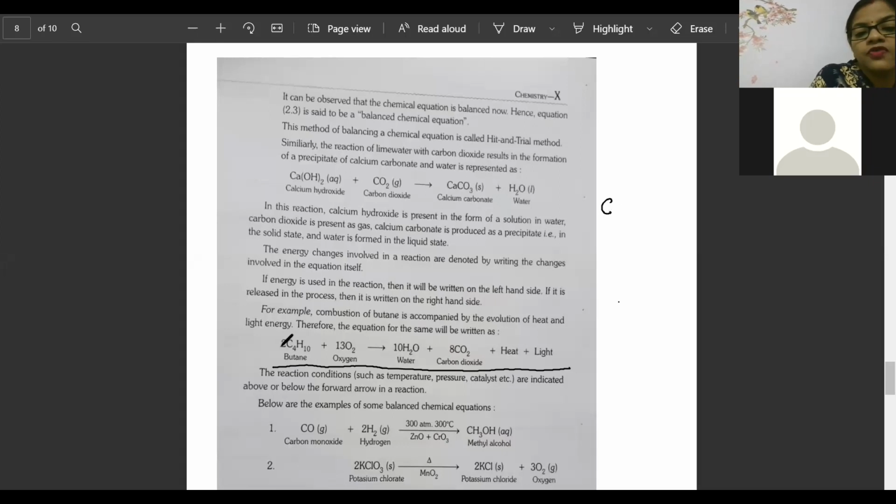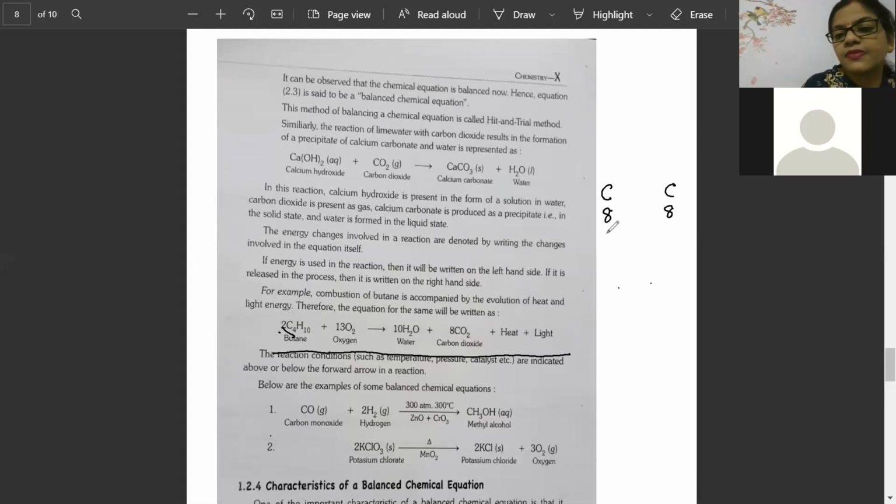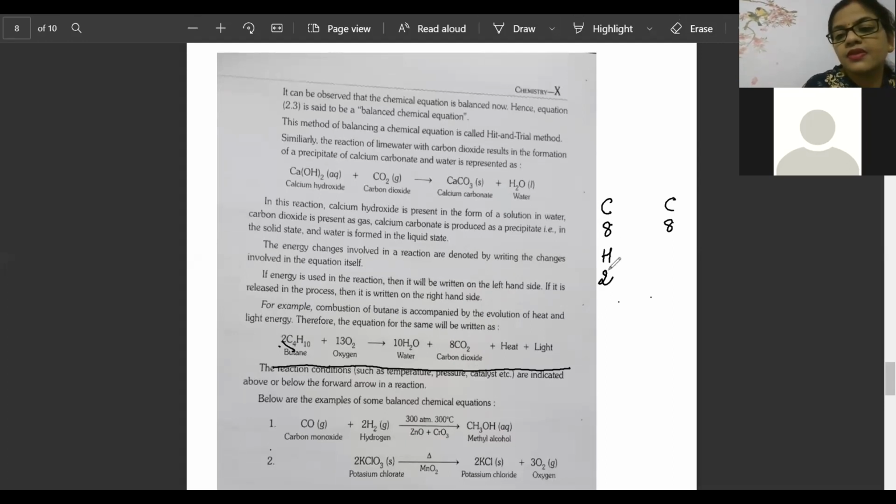Carbon is 4 2s are 8. 8 in number here. Carbon is 8 in number there. Now, hydrogen is 2 10s are 20. Hydrogen is 20 here. Oxygen is 26.